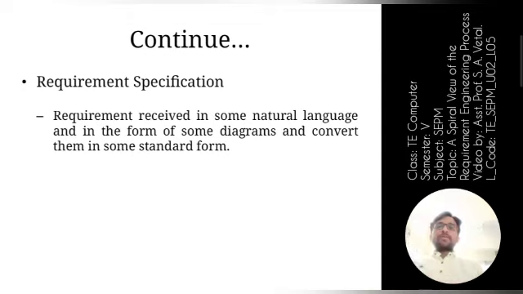With the help of this requirement specification, this natural language requirement that we have received, we are going to represent those requirements in the form of some diagrams, and we can also convert them into the standard form. The standard form of our requirement specification is nothing but our requirement specification document. That is nothing but the standard form.